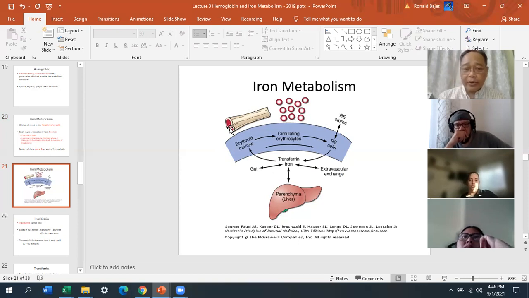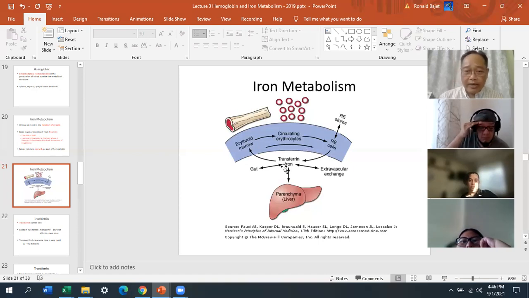This is the erythroid marrow. This contains the erythroid precursors. Those nucleated red blood cells, well, maybe some NRBCs, will never reach the peripheral circulation. So this is the factory part of your red blood cells. This is where red blood cells are formed.